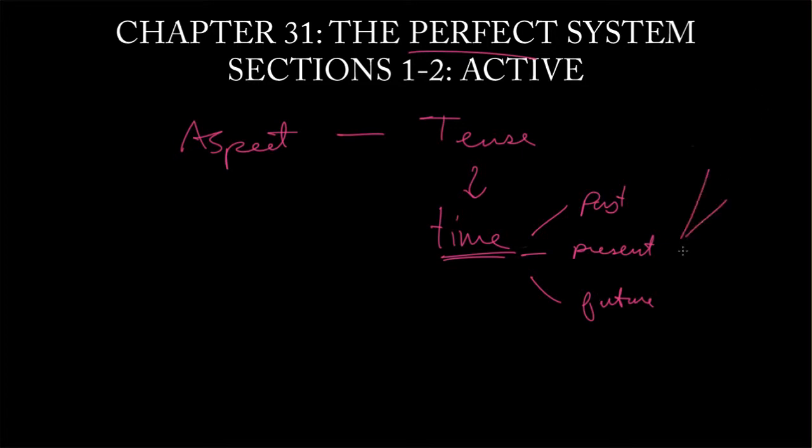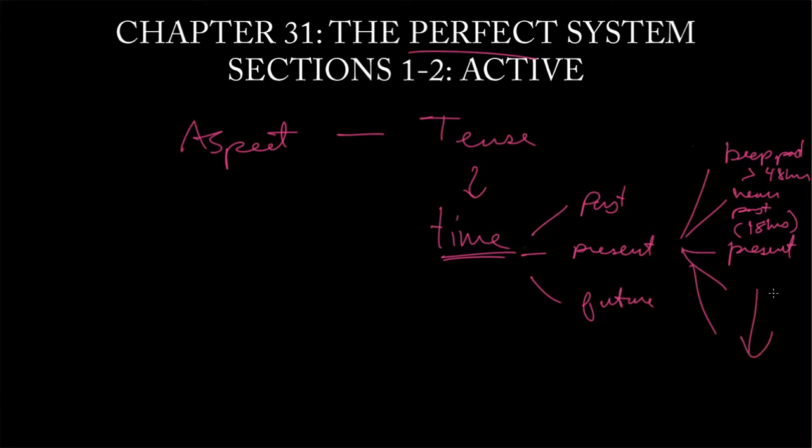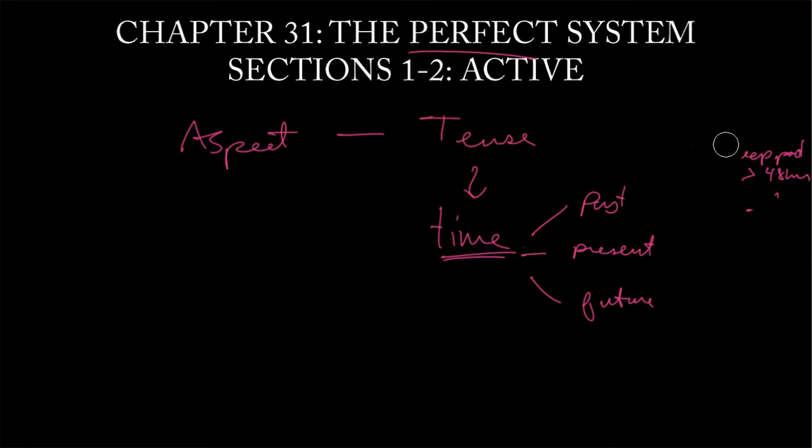One could imagine a more complex system where we have a present and then a near past, maybe the past 48 hours, and then what we might call a deep past, which would be more than 48 hours. Or we might have the same thing projected in the future, something that's about to happen versus something further off. That would all be things that certain languages do, under the guise of what linguists call tense, dealing with time.